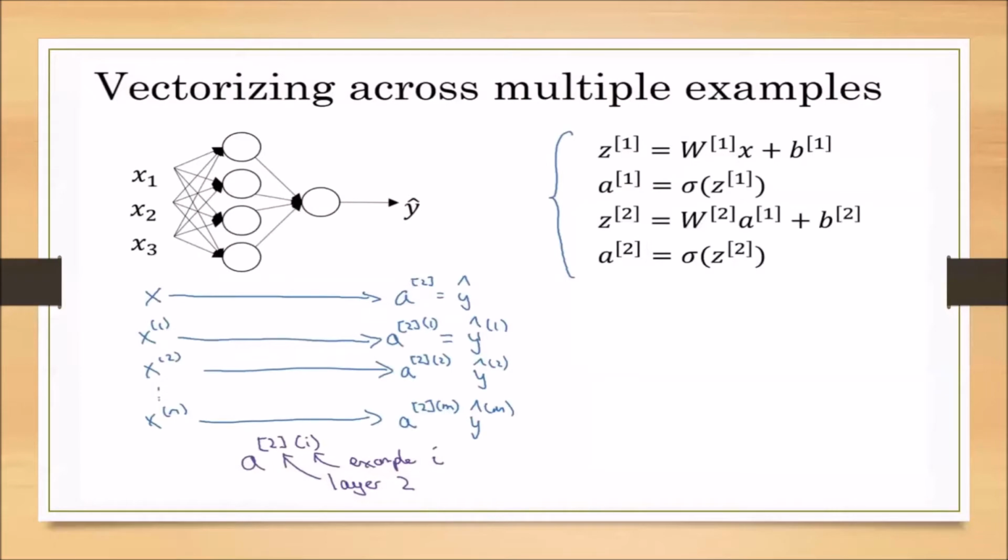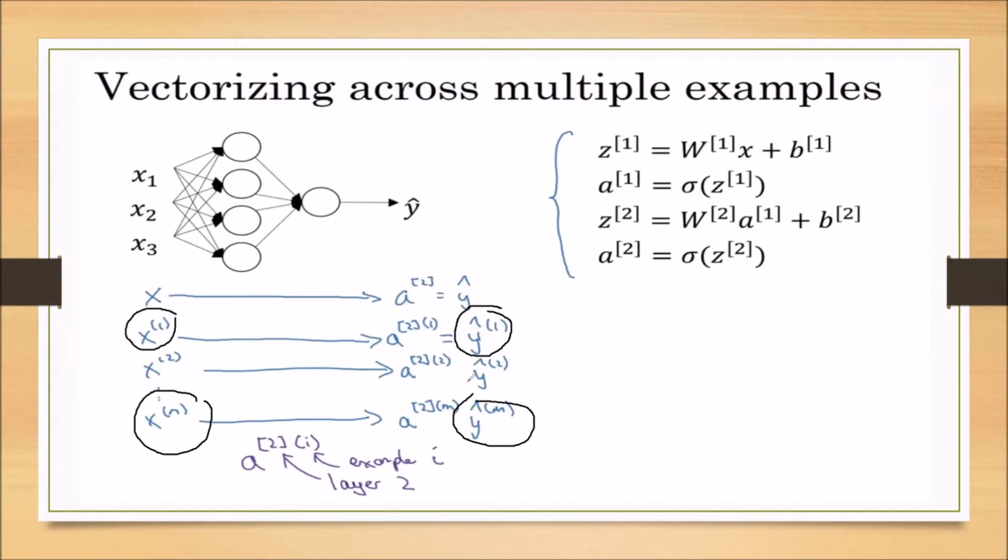Okay, so if I am giving the first training sample X1, then the output is Y cap 1. This is we are representing the predicted output of the first training sample. Similarly, mth training sample output can be represented as Y cap m. This is the predicted output of the mth training sample.